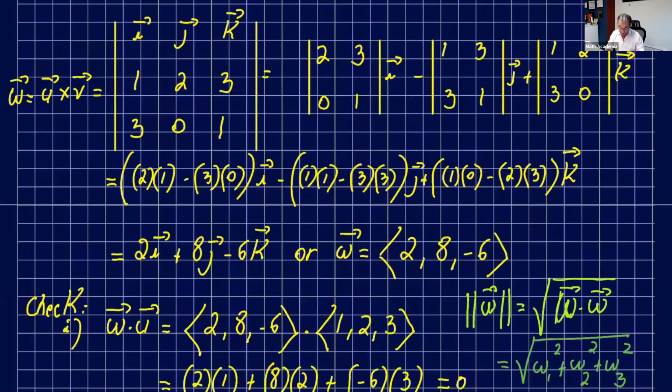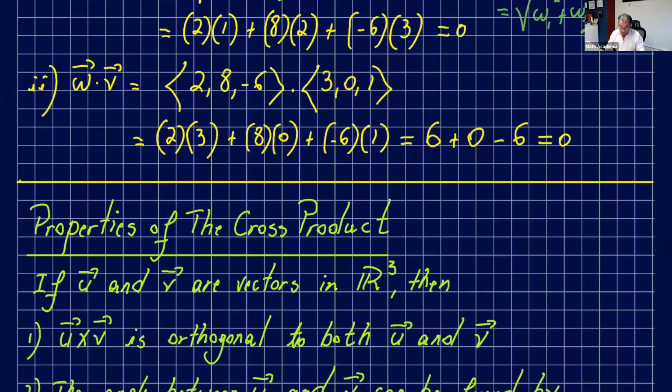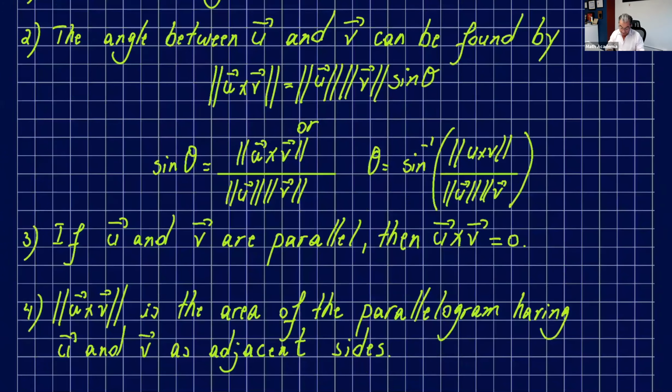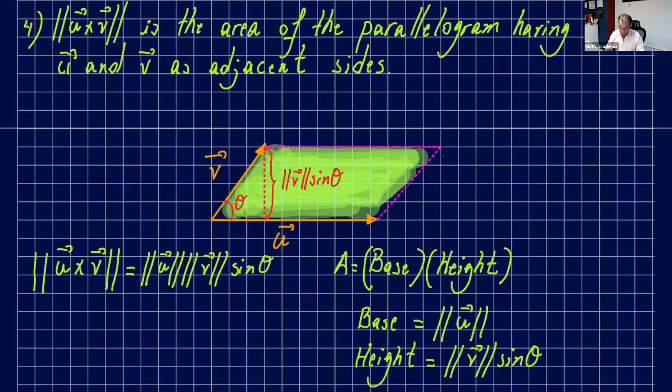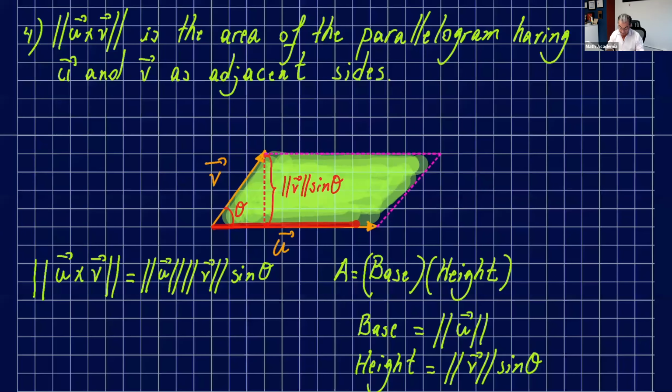This is the parallelogram, and the area of this parallelogram is going to be the base times the height. But what is the height here? If you use trigonometry, you see that the height is just the norm of v times sine theta.